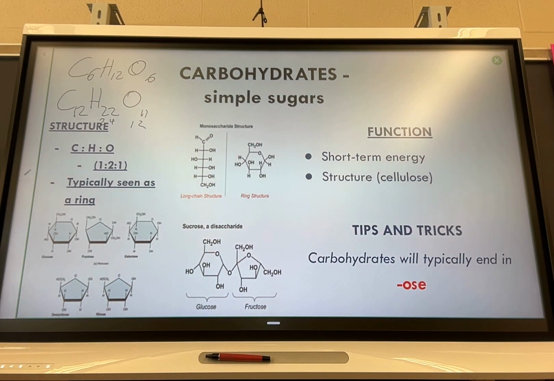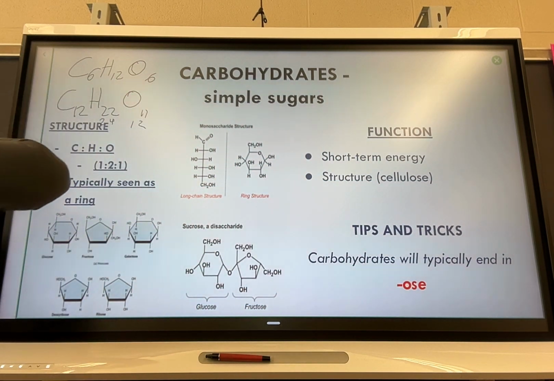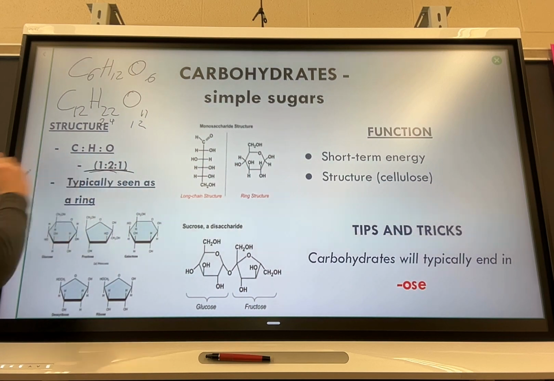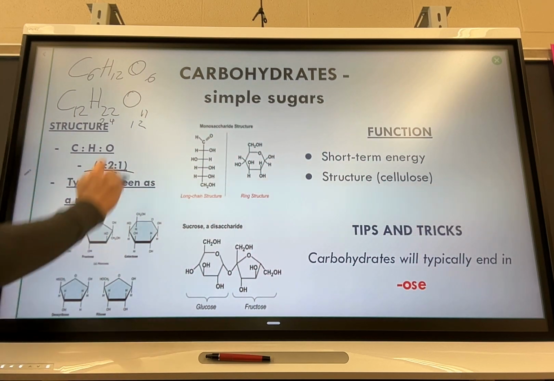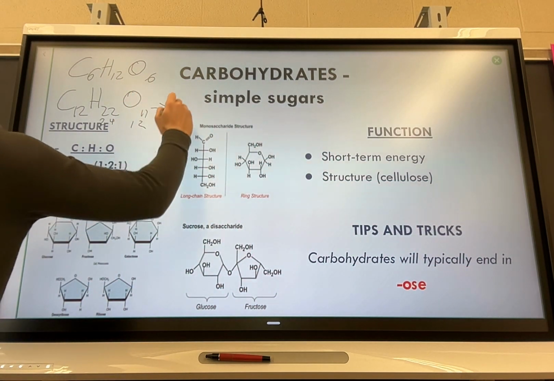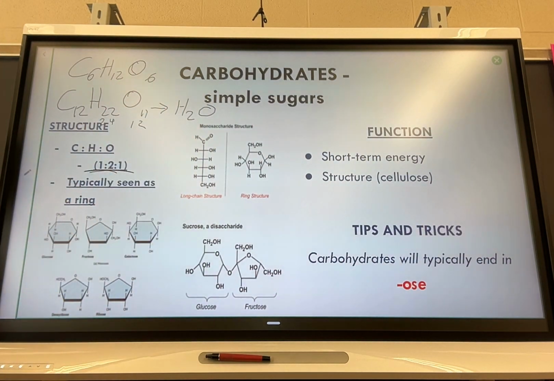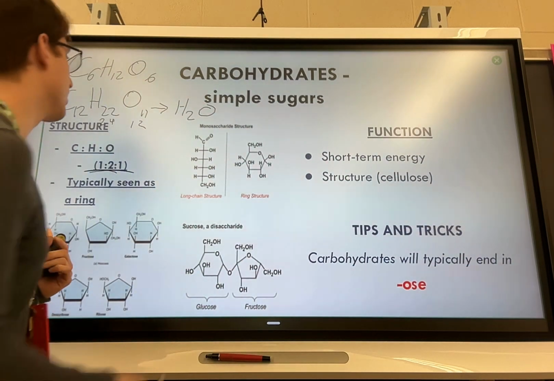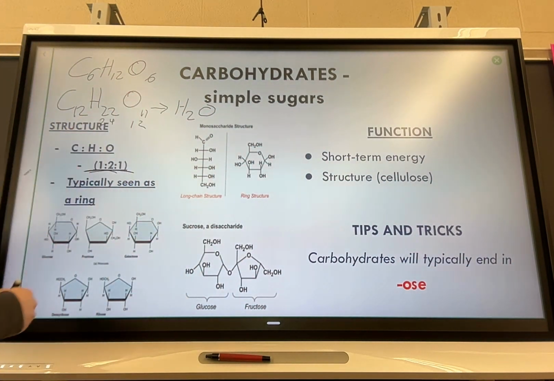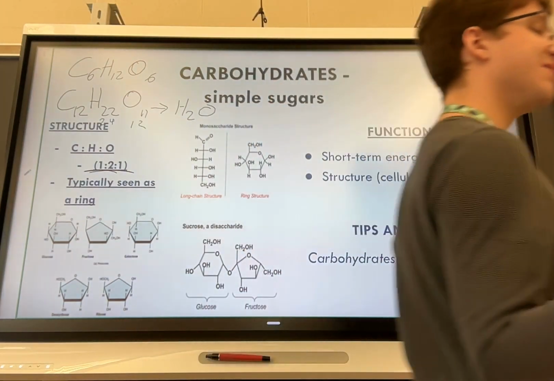Okay, so we find that the reason that we don't have this perfect ratio in our polymers is because we have to remove water. We have to do that dehydration synthesis in order to form this polymer. So we remove water, it's where the 2 hydrogen and the 1 oxygen were taken.